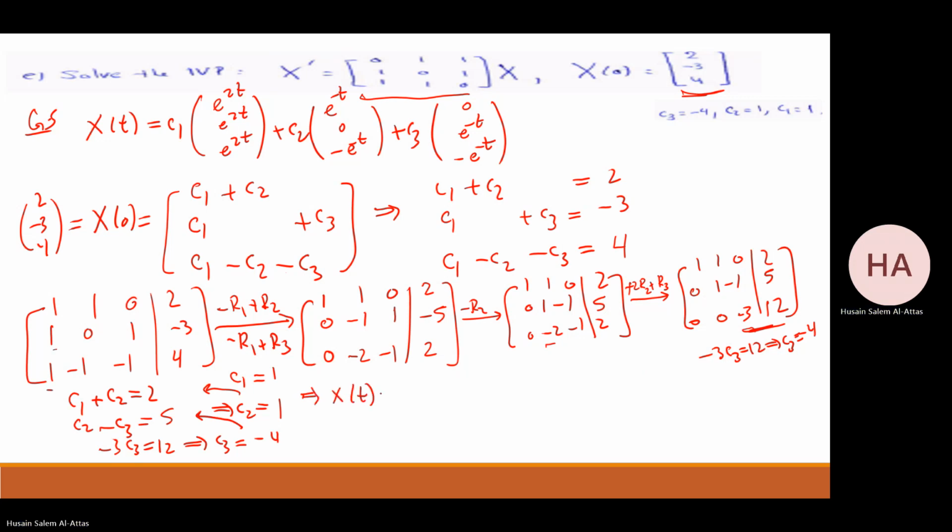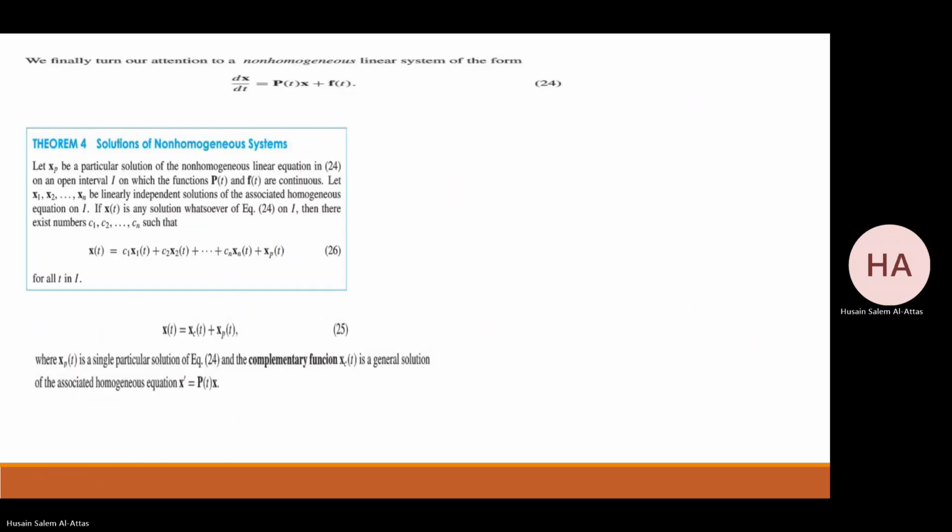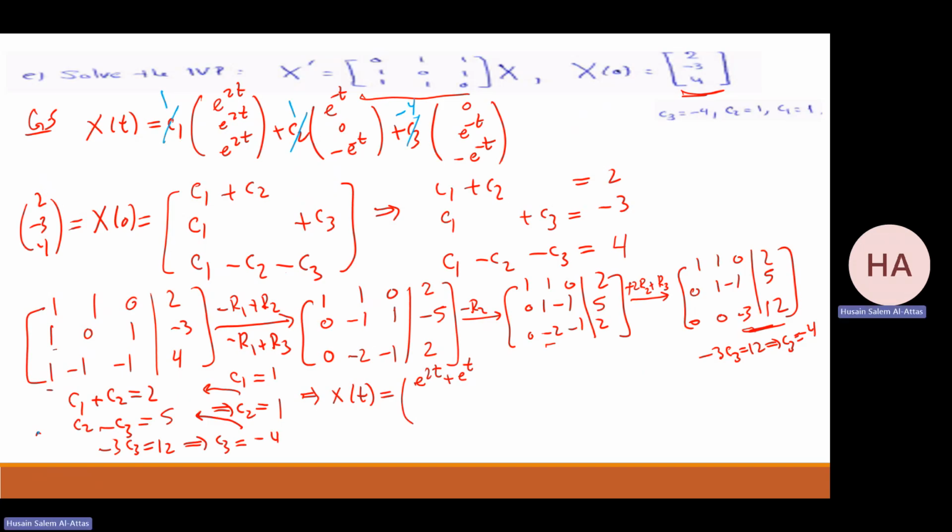X of t will be C1, which is 1. So I have, multiply by 1, that will be e^2t. The next one, let me write it in a different color. So this is 1, this is 1, this is minus 4. So what I have: e^2t, let me go back to my color, e^2t plus e^t, e^minus t here.